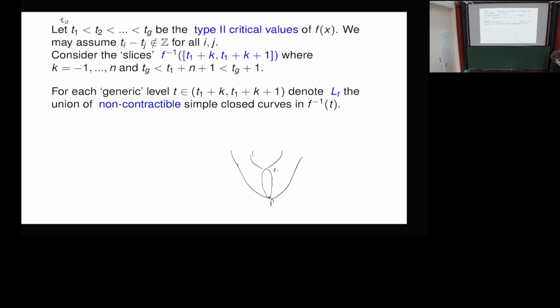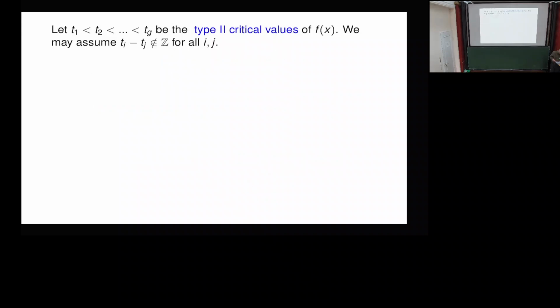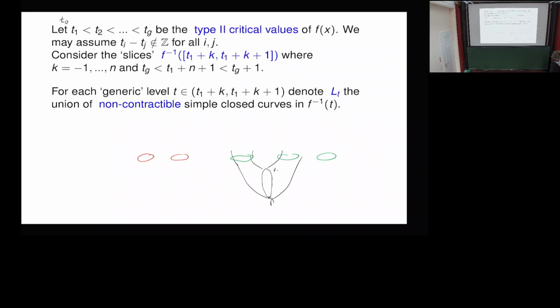Okay, so for the moment I forget the first slice and I look at the further slices. As I said, I look at the slice there, and there are some loops that are non-trivial and some loops that are trivial. To construct my graph gamma t, I only take the non-trivial ones, so these ones I forget. And I add to it arcs that come from these type 2 critical points.